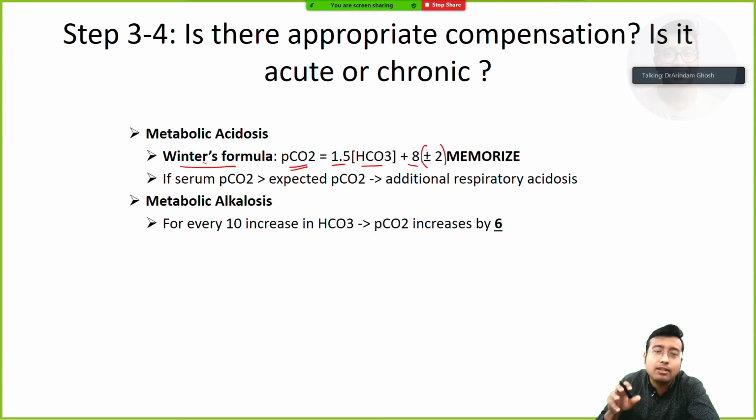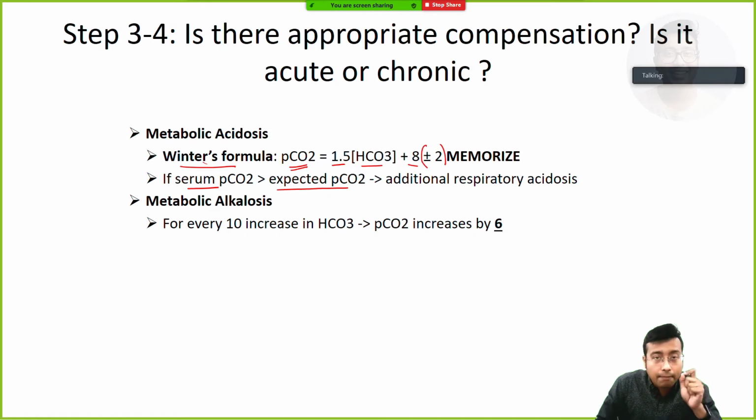Now definitely there will be a serum PCO2 value that we will get from the ABG. If the serum PCO2 is more than expected PCO2, mind it, here we are considering a mixed disorder. So along with compensation, acute or chronic, we are now going into the territory of mixed disorder.